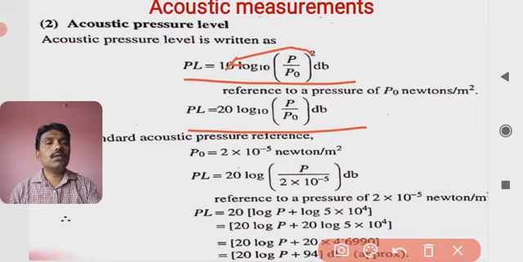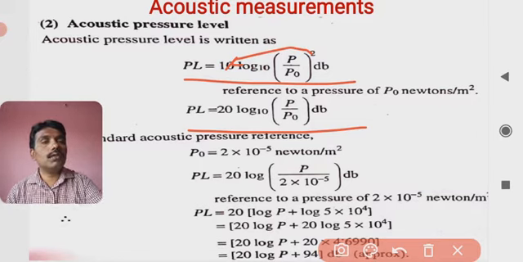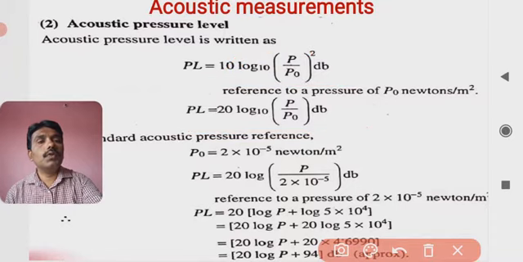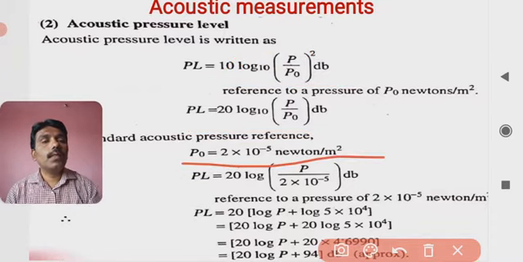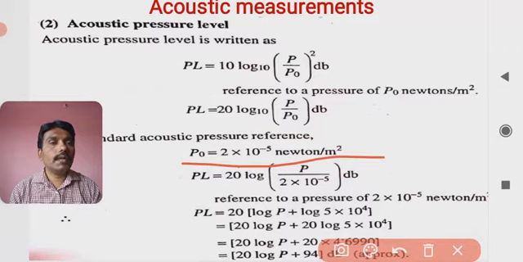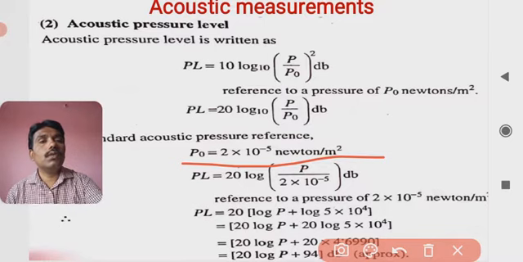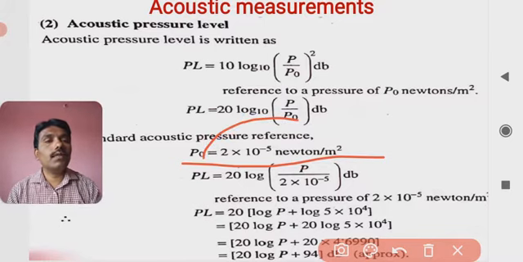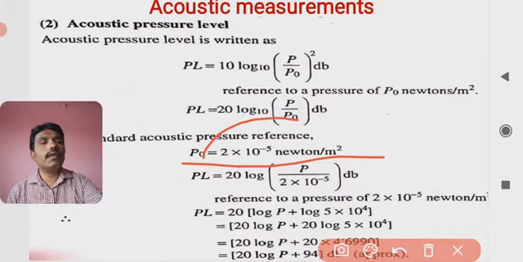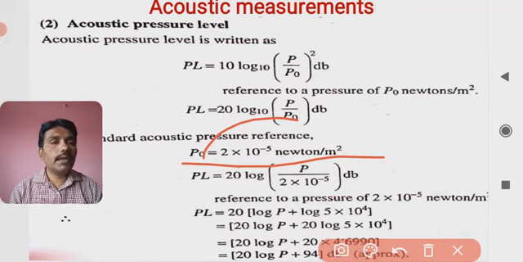The standard acoustic pressure reference P0 is given as 2 into 10 raised to minus 5 newtons per meter square. If we put this value in this relation, then we have the new relation: PL is equal to 20 log of P upon 2 into 10 raised to minus 5 dB.